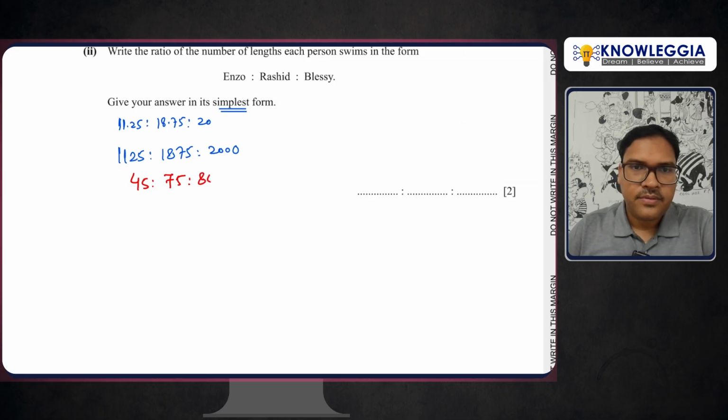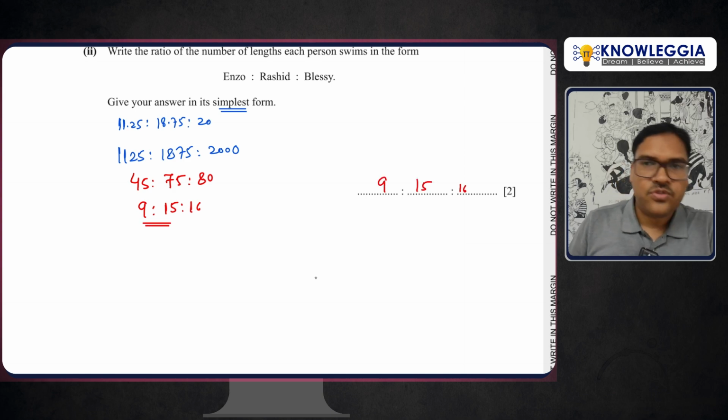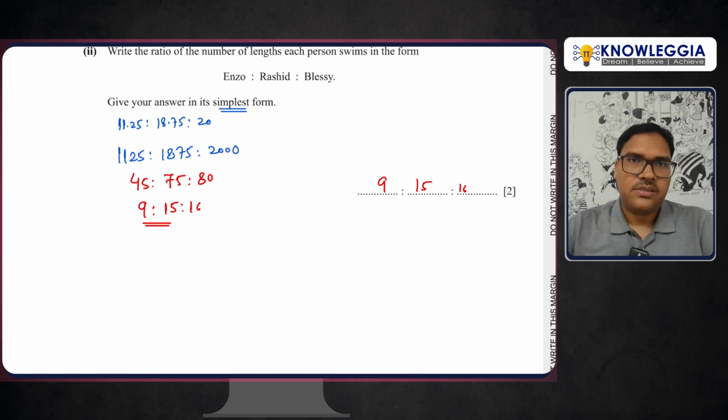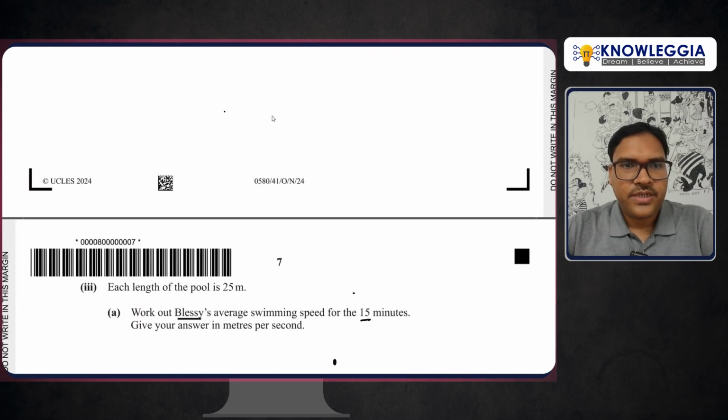Right? And now again I can cancel the common factor. You can see 5 again I can cancel. This is 9, 15, and 16. So what is the ratio? 9 is to 15 is to 16 is the correct answer. Okay, so this is how you can find the simplest form. So this is the first part which we have.